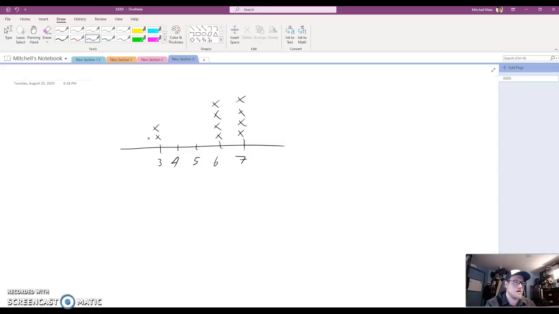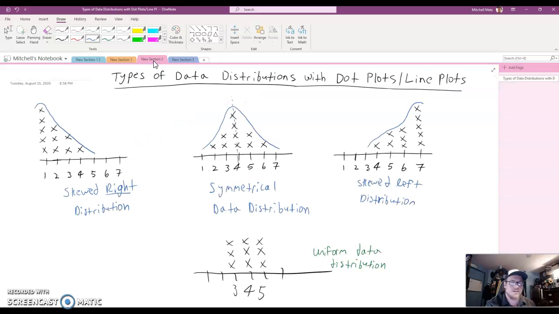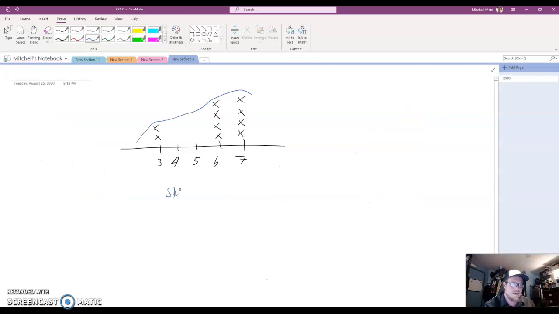If I do the mountain again, closely following my X's, you notice most of my data starts petering out to the left. Because it's petering out to the left, and most of my data is to the right, this should be skewed left. Let me double check. Skewed left, so that's correct. That is an example of how to do data distribution, skewed left.